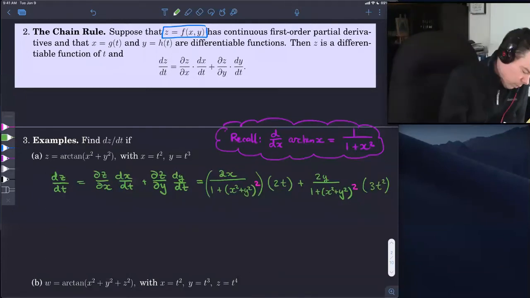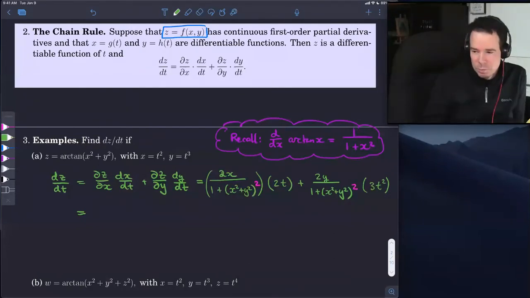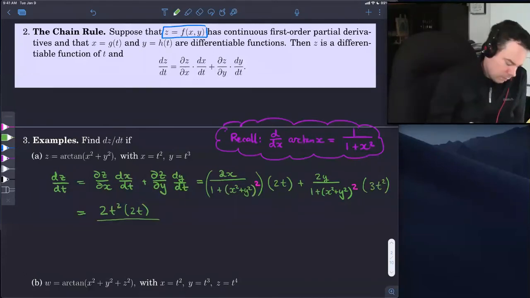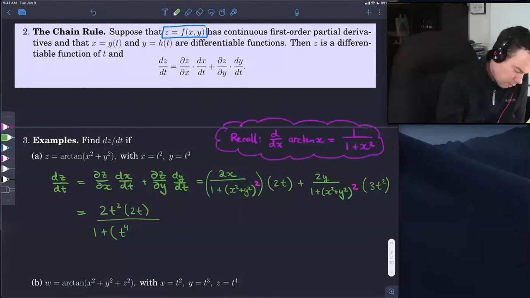Okay, so the idea here is this is a derivative of z with respect to t. So let's write everything in terms of t. So that x up top, that's just a t squared. I've also got another multiplied by 2t from that derivative of x with respect to t. And then on the bottom, I've got a 1 plus, and there's a t to the 4th plus a t to the 6th, all squared.